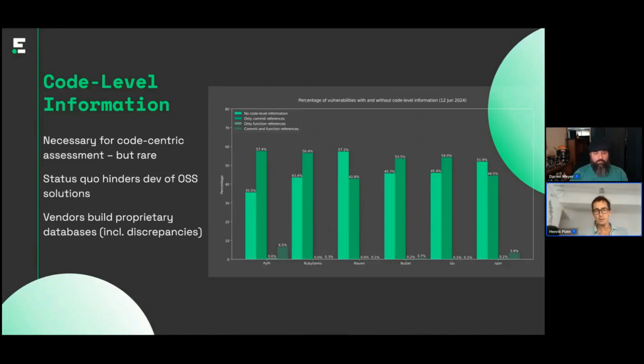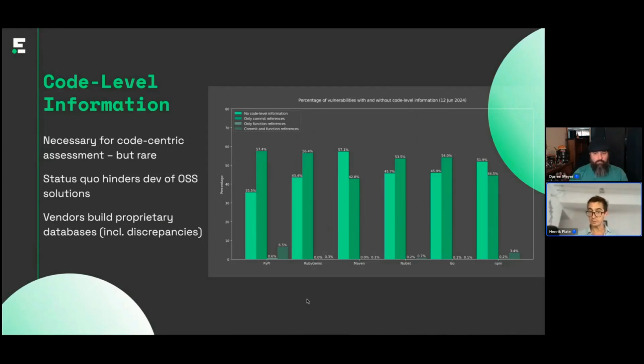Because this is the fuel that powers our code-centric solution, right? And this chart shows just how seldom this information is available in the public vulnerability databases.